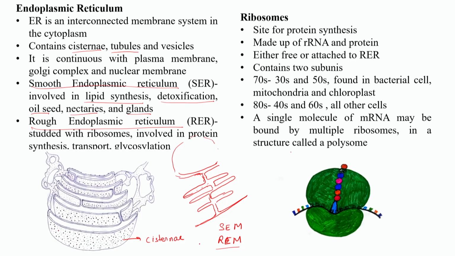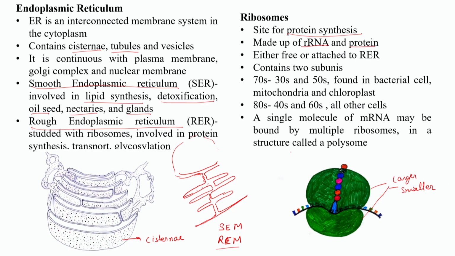Now, in rough endoplasmic reticulum, we have seen the presence of ribosomes. Ribosomes are the site of protein synthesis. They are not bounded by any membrane and are made up of ribosomal RNA and protein. They have two subunits, a larger subunit and a smaller subunit.